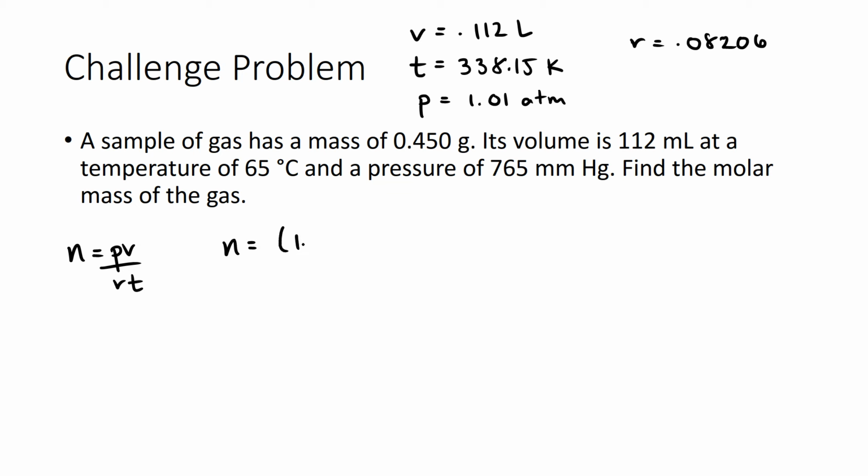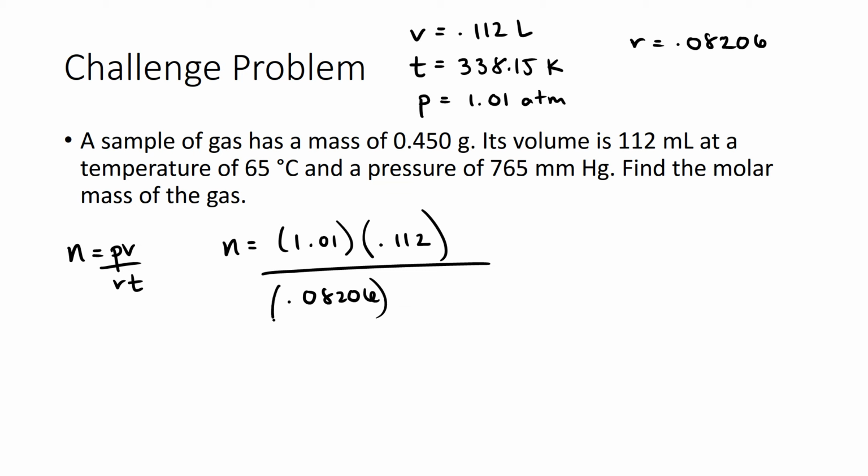n is equal to 1.01 times the volume, which is 0.112, divided by the ideal gas constant, which is 0.08206, times 338.15 Kelvin.